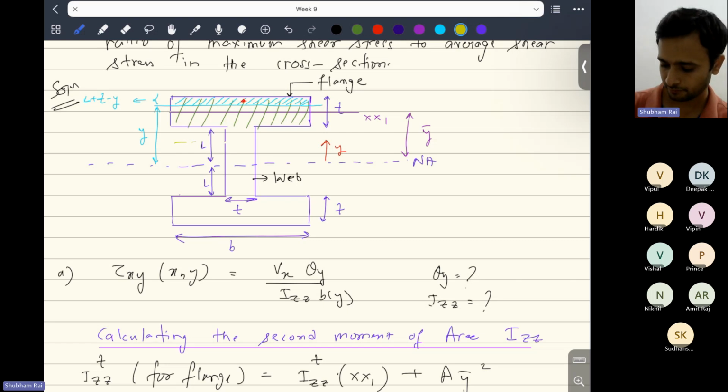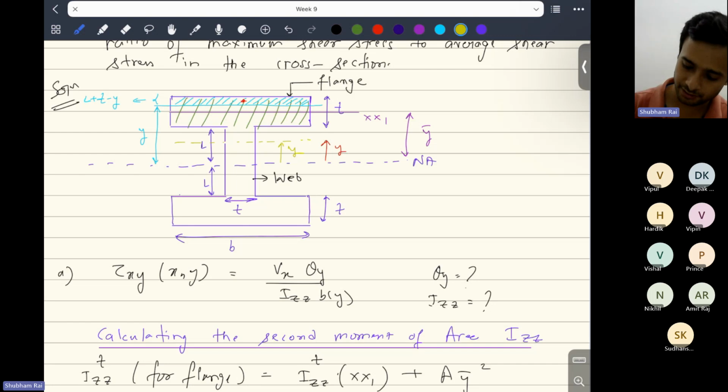Let's choose a yellow color, and let's say you have y here.